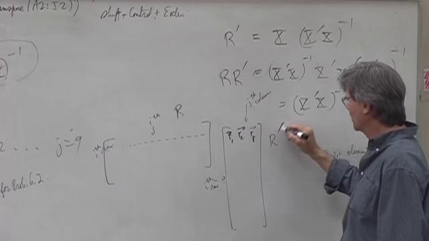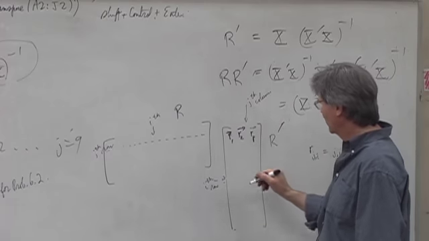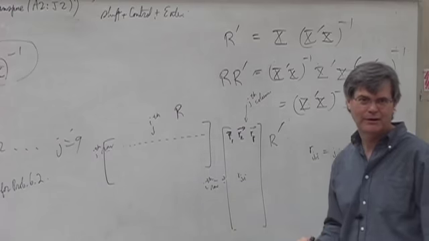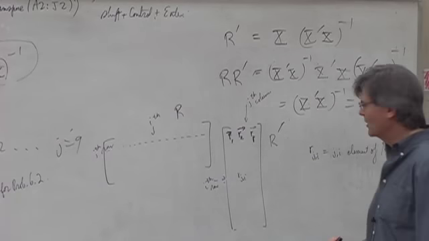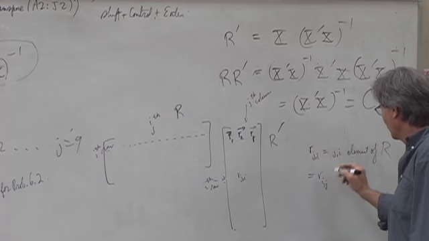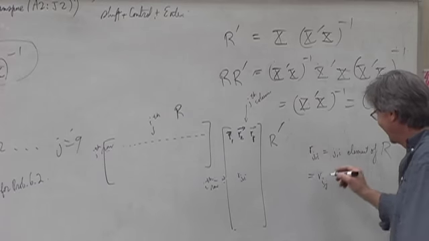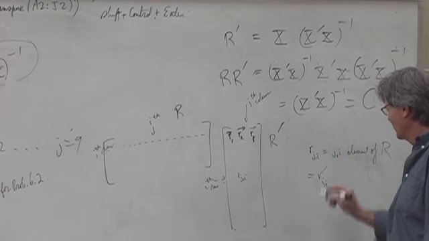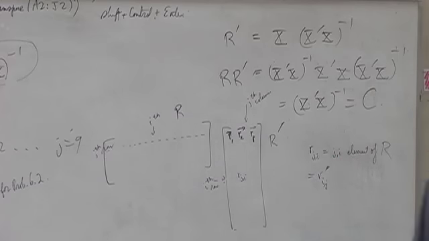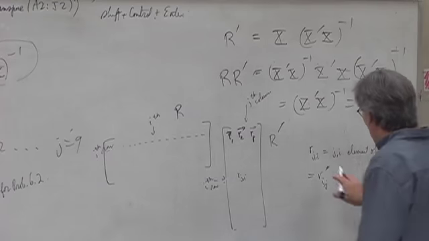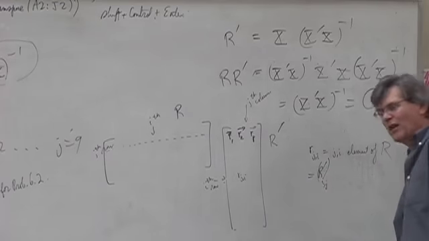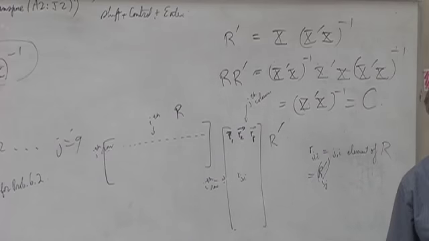So the R prime matrix is more fundamental to me than the R matrix. R_ji equals R prime_ij. There's not a good notation for it, but I'll just call it prime here because it's not a vector. R prime sub ij is the ij element of the R prime matrix.